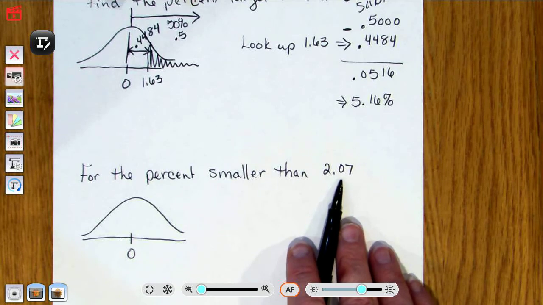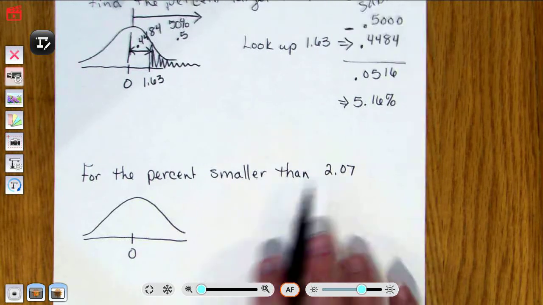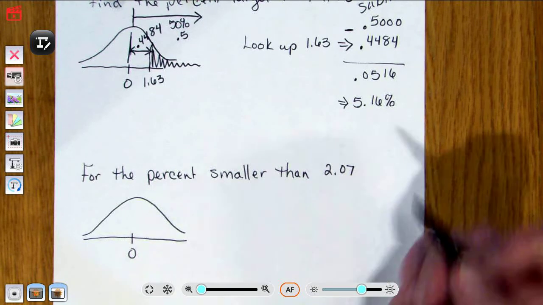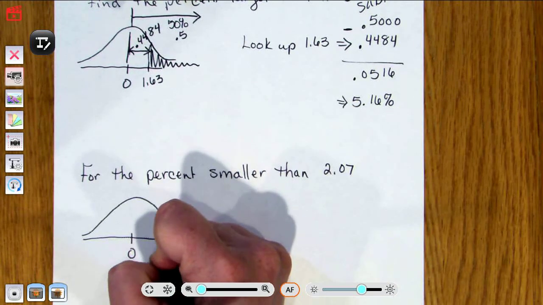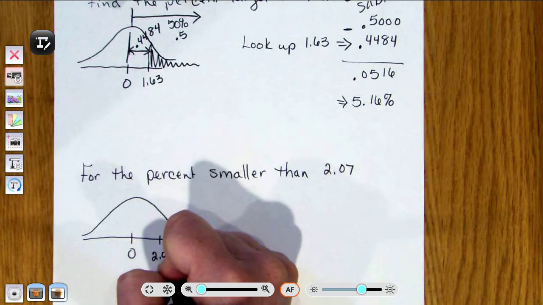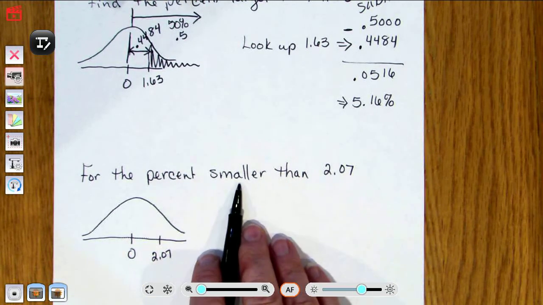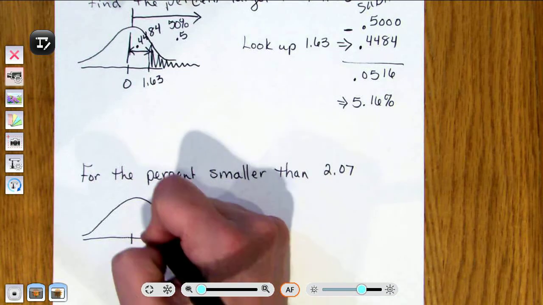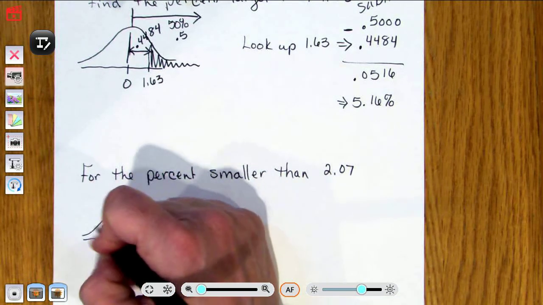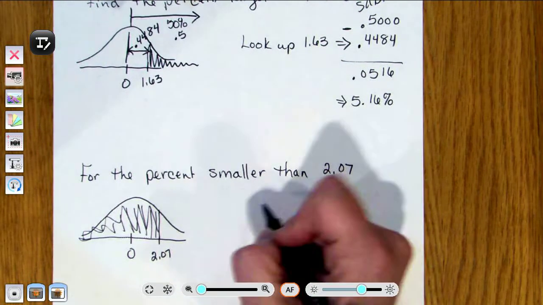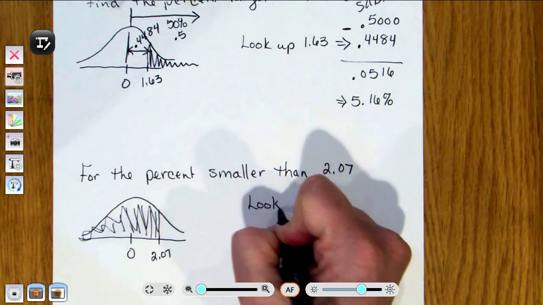Okay, so I make sure my picture is pretty accurate. So I can kind of know, do I get the hump? Where on the side am I? And so forth. So 2.07 is on this side. So there's my 2.07. And I want to go smaller. So smaller means this way. So that's smaller.